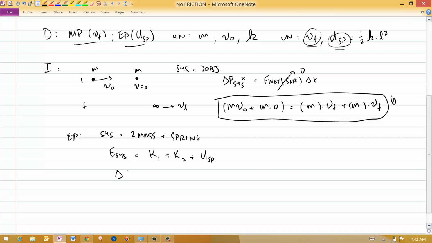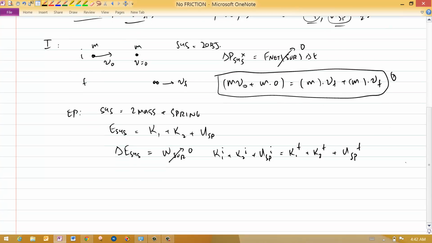The energy principle will say the change in the energy of the system is equal to the work from the surroundings, but the work from the surroundings in this case is 0. So I get K1 initial plus K2 initial plus U spring initial is equal to K1 final plus K2 final plus U spring final. Now let's put in what we know.